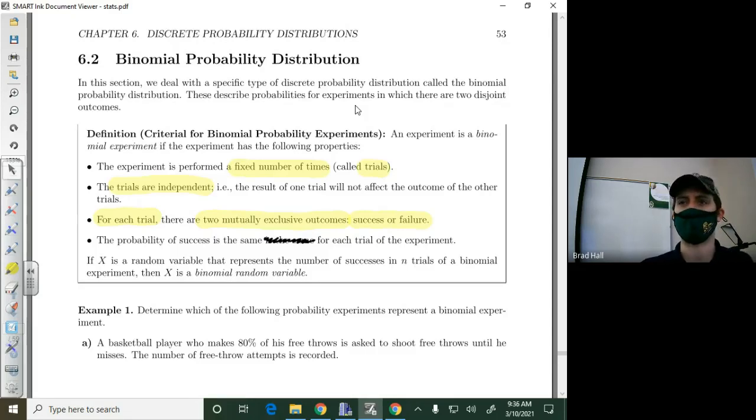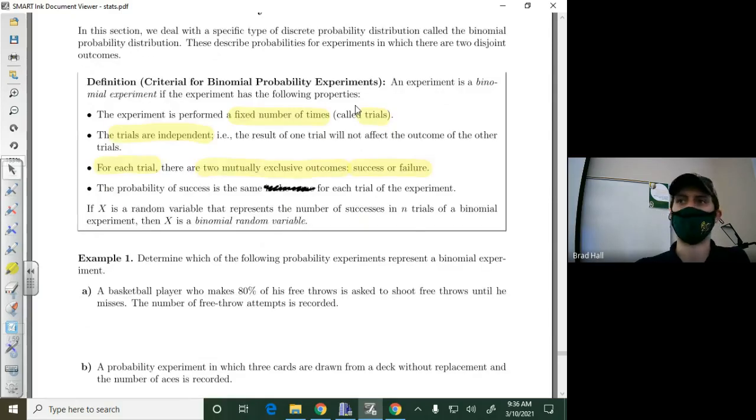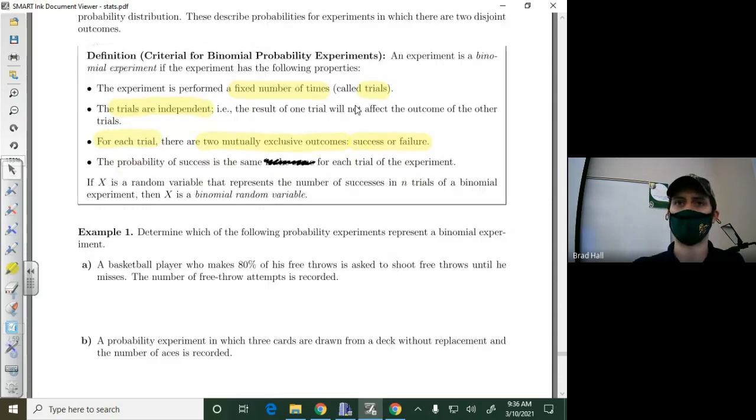We'll see some of the repercussions of this a little later. But for now, with all of these conditions I just threw your way, let's look at example 1, which will distinguish how a regular experiment may differ from a binomial experiment and what it may be lacking.